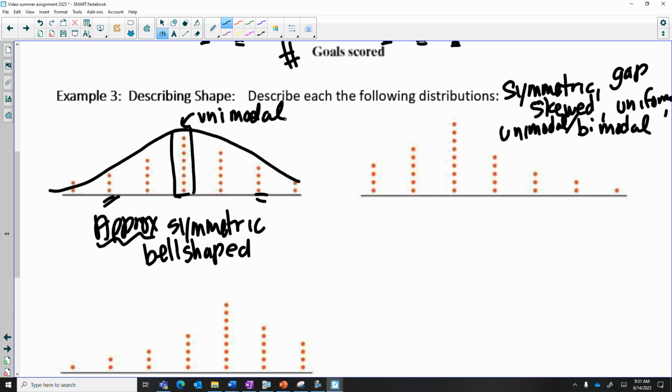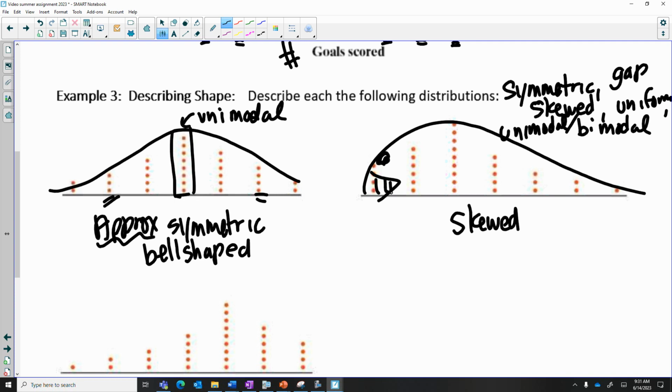Okay, one mode. Now, if we look at this next one, we call this one skewed. And where is it skewed? It's skewed in the direction of the tail. So I want you to picture this as like a whale or a fish, and it has a tail. Wherever the tail is longer is the direction of the skew. So because the tail here is on the right, this is called skewed right.